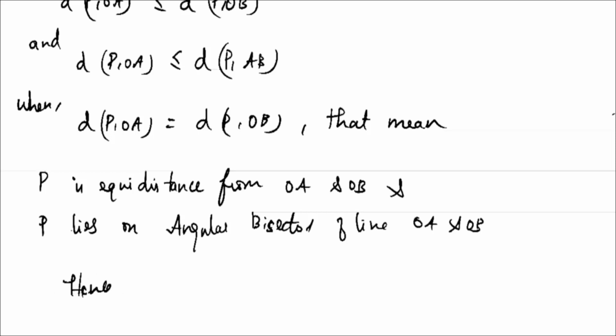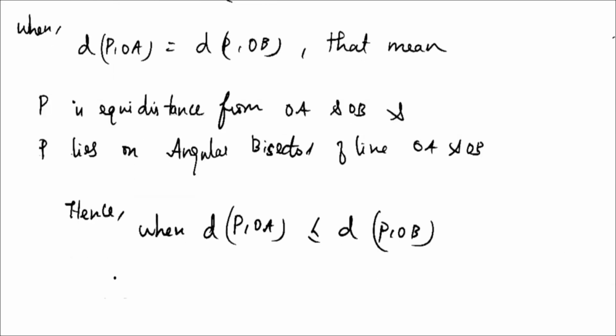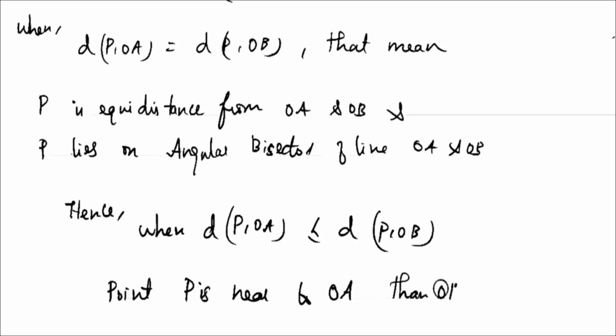Hence, when d(P, OA) is less than d(P, OB), the point P is nearer to OA than OB.